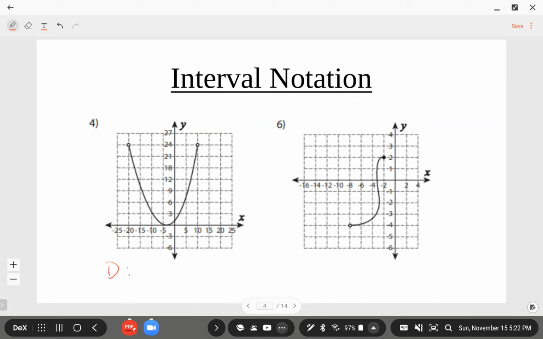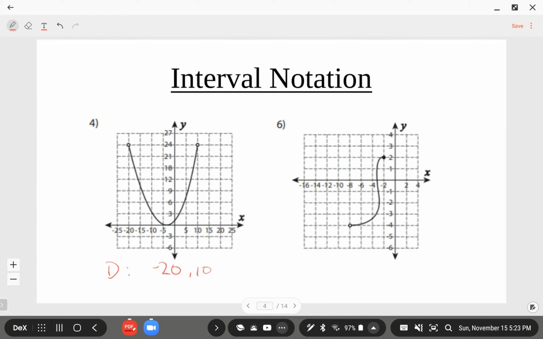Those are all domain values, all x values, but we can't list all of them. They're infinite decimals, even between -20 and -15. Infinite. So it can't possibly list them.